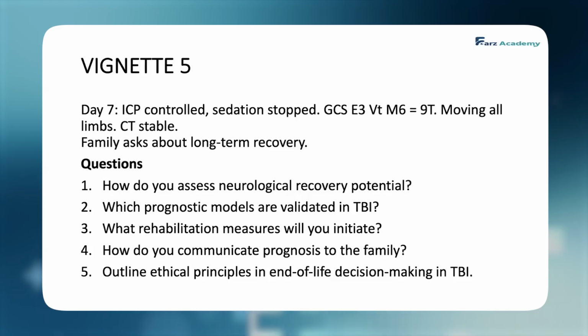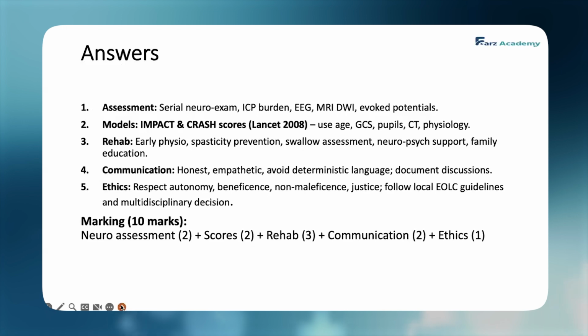Then we will tell the patient's family that this patient has no more quality of life, or there is a chance of non-recovery. So you can go for end of life support.